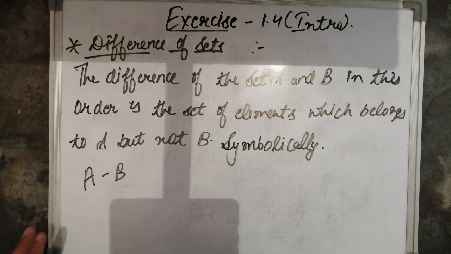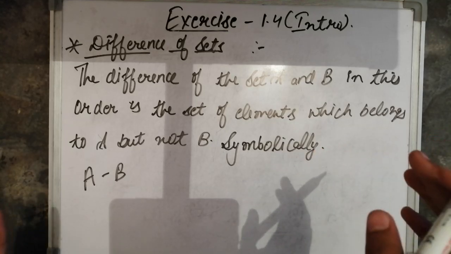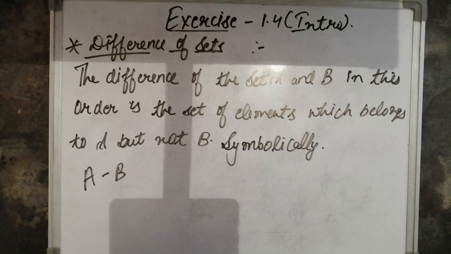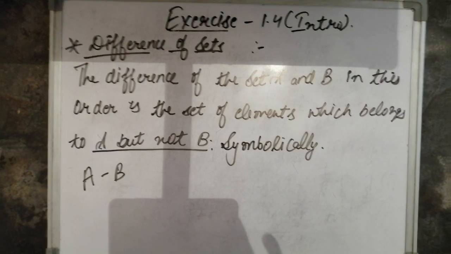The difference of sets means that we are subtracting B set from A set, and the set which we will get will have only the elements of set A. Okay, did you get it? And students, note that the resulting set will contain the elements of only and only set A but not B. Okay, this is what is written here. Now let's take a few examples from this, and before that pause the video, note it down.